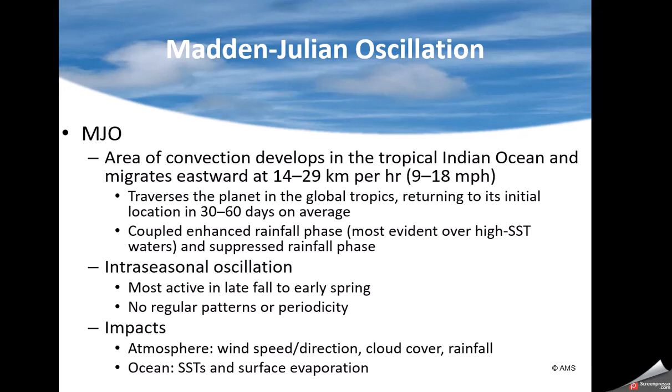Depending on the phase, if it's an enhanced rainfall phase with a lot of high moisture in the air, you can push a lot of moisture up on the Pacific in the Pineapple Express, as they call it, and a lot more moisture comes into the Pacific coast of the United States. If it's in a suppressed rainfall phase, you won't get as much. So this actually moves around the globe, and you can track these. And they can influence whether hurricanes or tropical systems develop sometimes in the summer, depending on where they are.